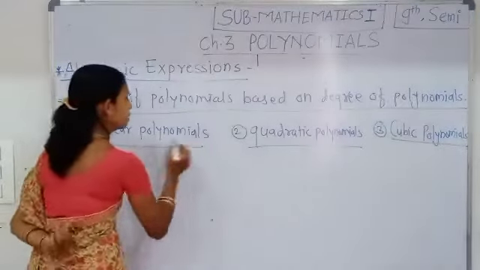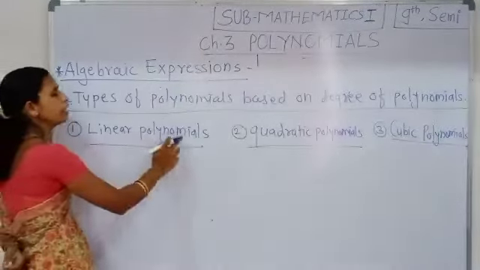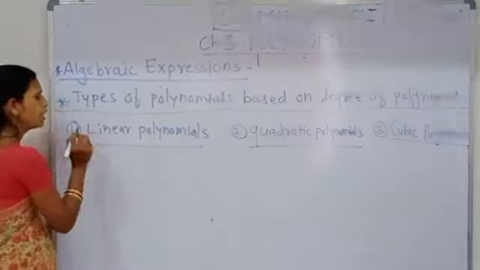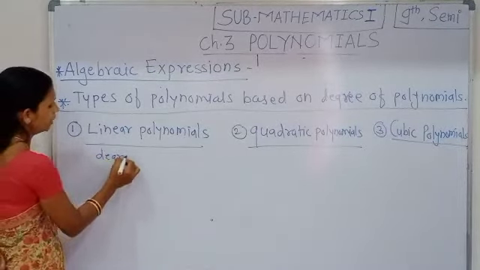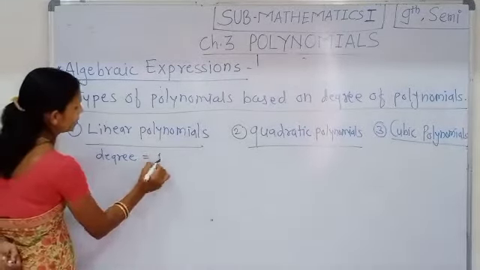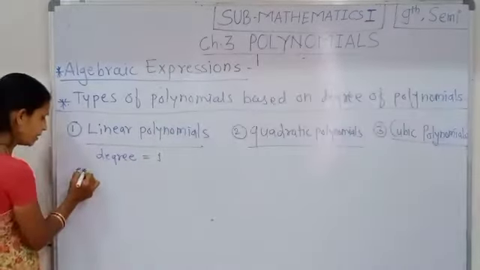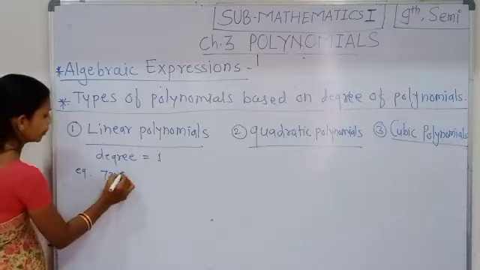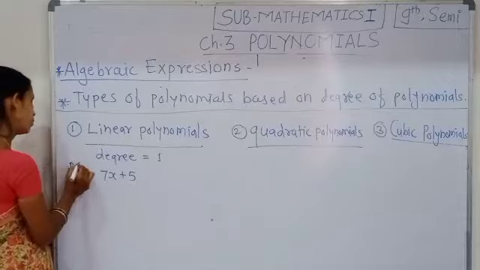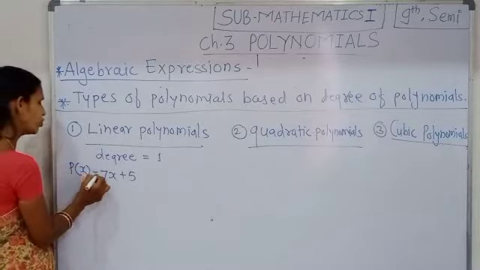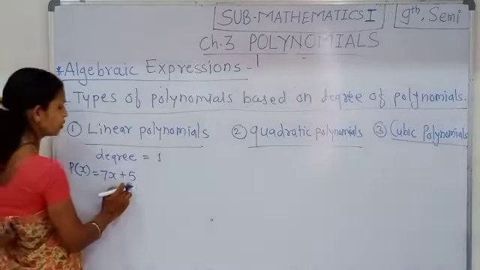Then see here, what are linear polynomials? Linear polynomials are the polynomials whose degree is 1. For example, 7x plus 5. Let this polynomial be considered as a polynomial in the variable x, that is 7x plus 5.